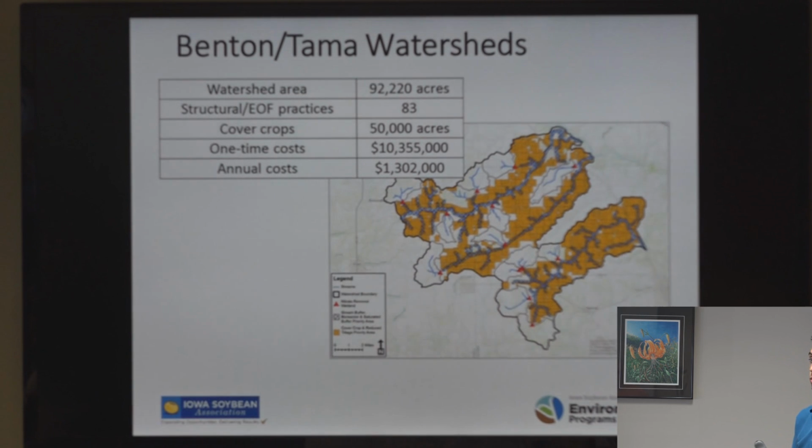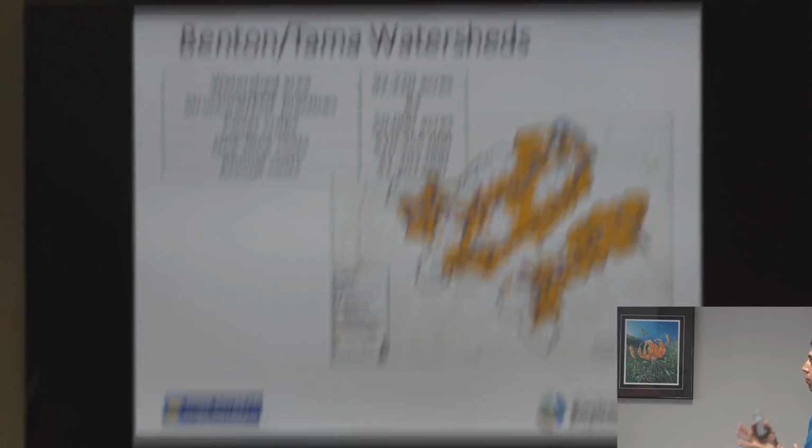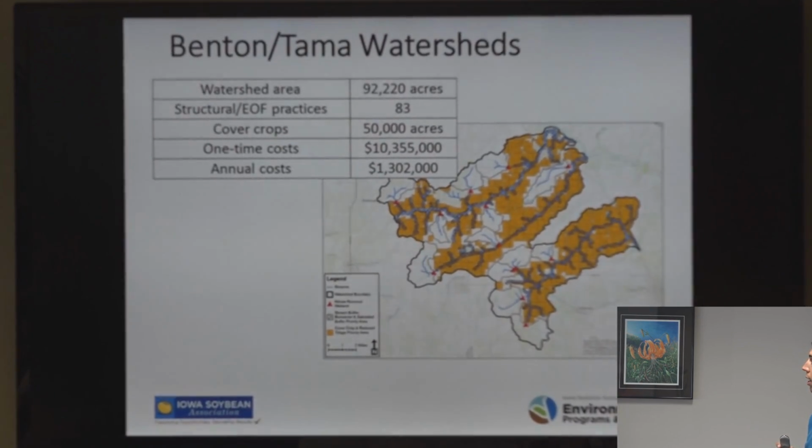So a little bit more of a unique situation where it's not just one water body, but it's a project area, and we were developing the plan for it, and the modeling still worked out just fine with the separate water bodies. Because it's much larger, it needs a lot higher amount of these structural and edge of field practices. So the costs are a lot higher, but it kind of averages out to similar values.